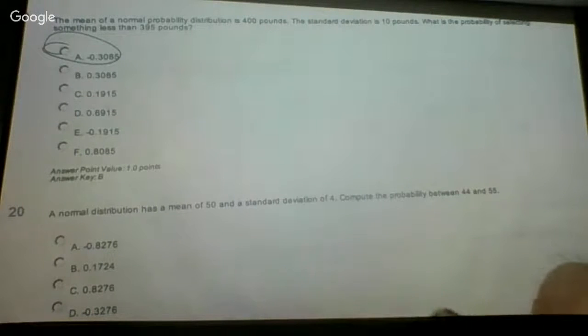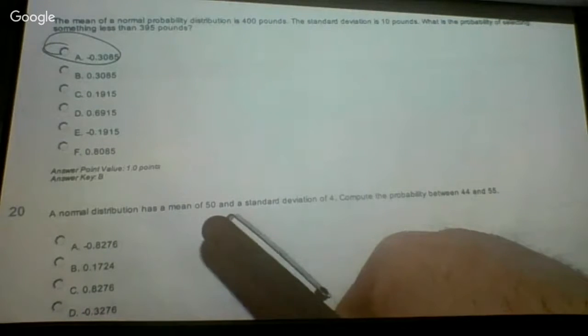Because it's on the negative side to make the area negative, right? Nope. I was joking. Answer is B, 31%. Good? Just more of that adding and subtracting.